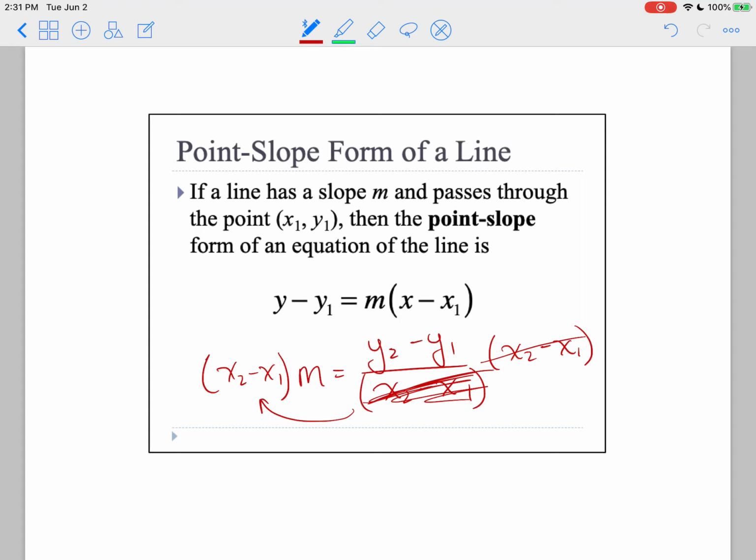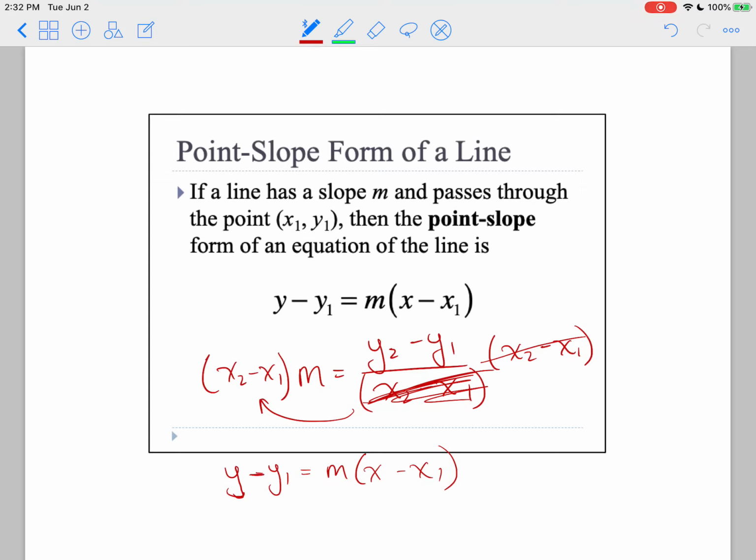That leaves me with y2 minus y1 equals m times x2 minus x1. If we just stop writing the subscript here for y2 and for x2, you can see we have the point slope formula.